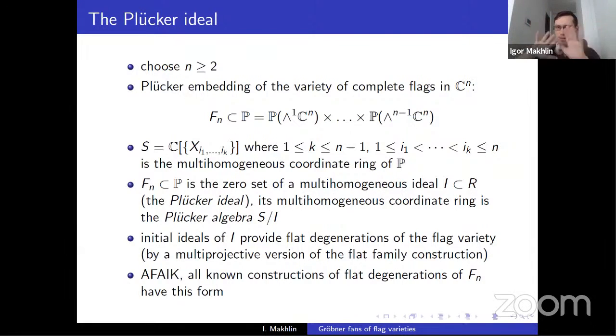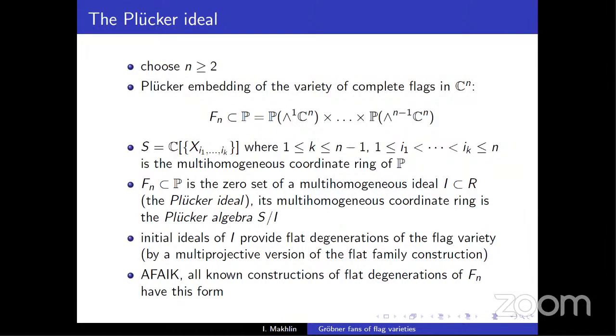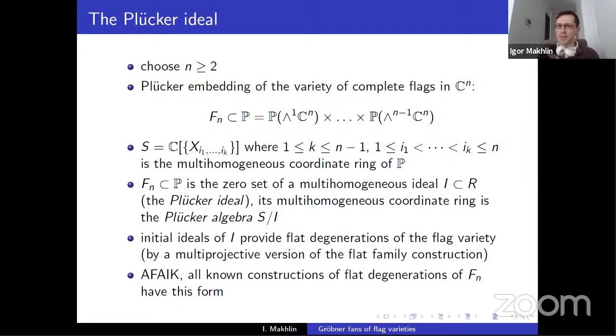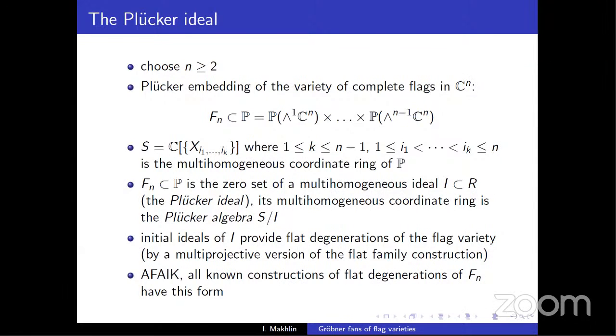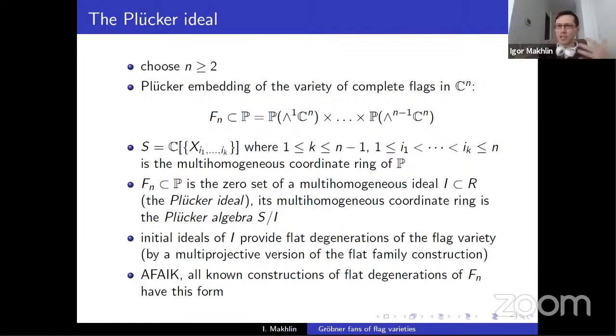So there is going to be one cone, and this cone is the whole space. It's as simple as it gets, because this ideal is as degenerate as it can be.